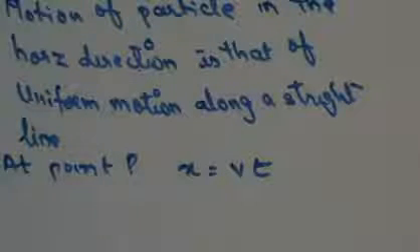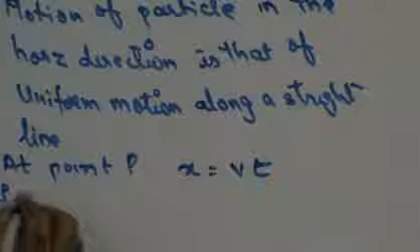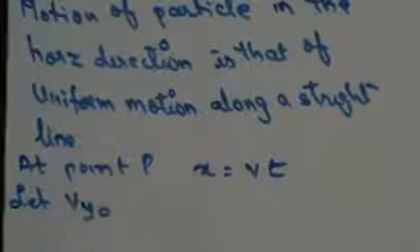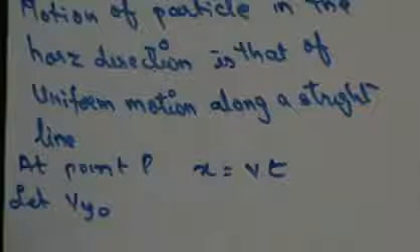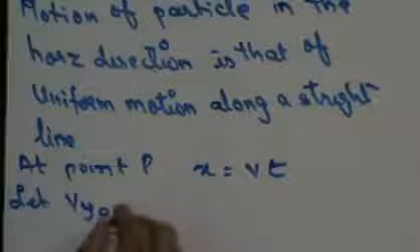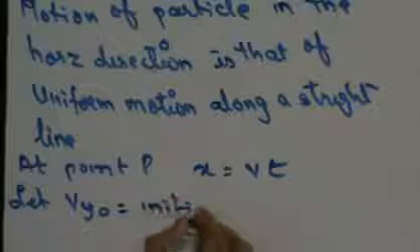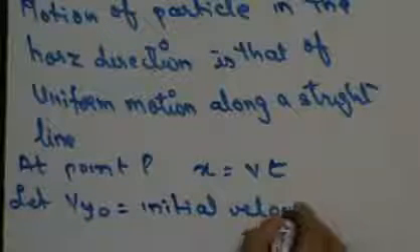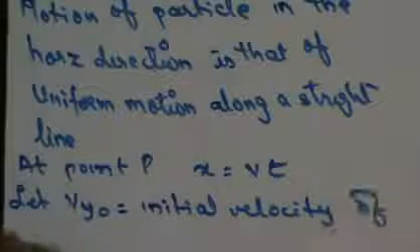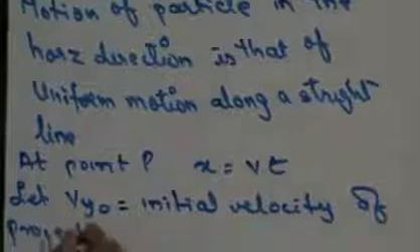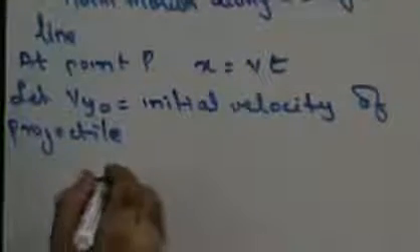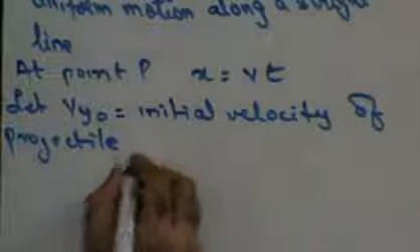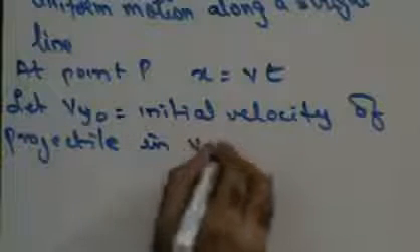Now, the vertical motion of the body is controlled by the gravitational force. Let Vy0 be the initial velocity of the projectile in vertically downward direction.